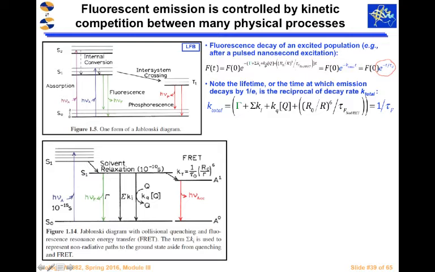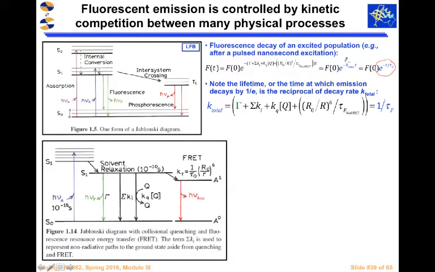By comparing the exponential equation that describes the total rate of decay to this exponential form expressed in terms of the fluorescence lifetime, we can see that the decay rate, k total, is equal to 1 over the lifetime, right? We'll come back to this in a moment. But this is for a single exponential process, and this is always going to be true.